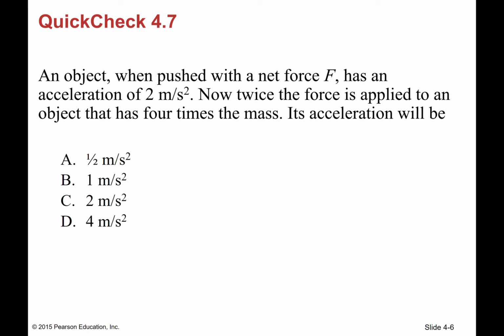All right, let's see. So we start with Newton's second law: force is equal to mass times acceleration. Then the acceleration of the object is the force that is applied divided by the mass.